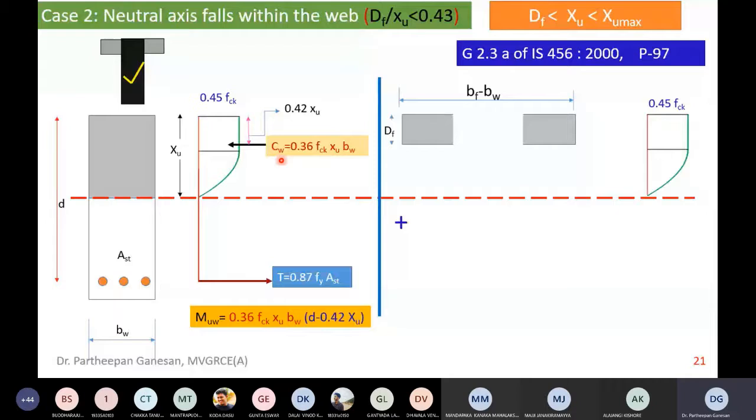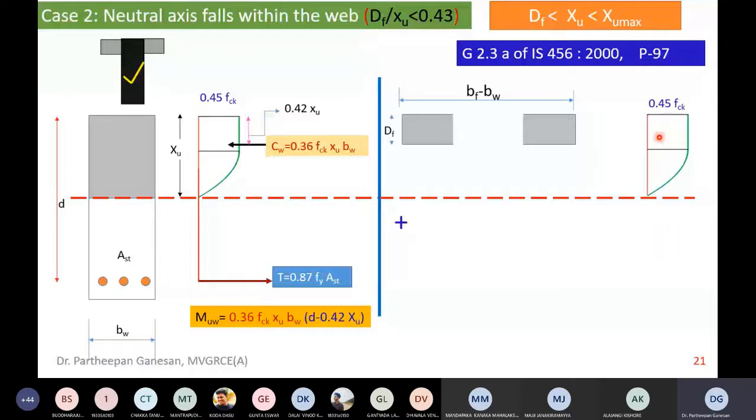Similarly here also, the compressive force taken by the flange will be the area of flange, which is how much? bf minus bw is the width into the thickness of the flange, df. Is it not? What is the area of this flange? bf minus bw into df. Now what is the stress acting on this thickness of flange? The stress acting is 0.45 fck. Any doubt?